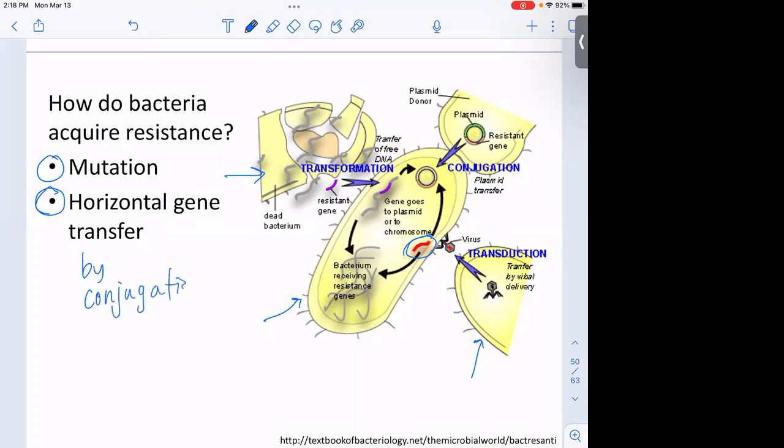And remember, conjugation is when a pilus is extended to another cell, and the two cells are pulled close together, a pore opens up, and part of a plasmid usually is transferred into that new cell. So lots of information can be exchanged that way. So by conjugation especially, that's probably more common.